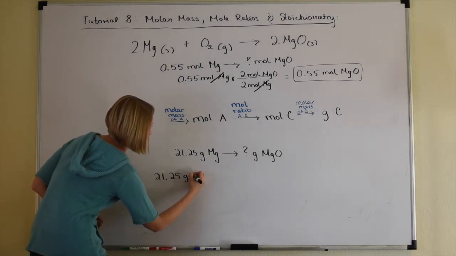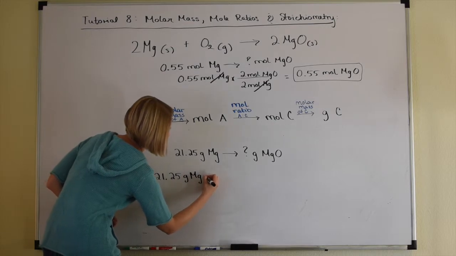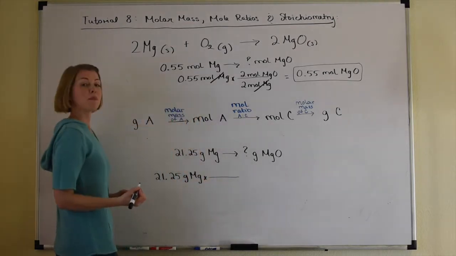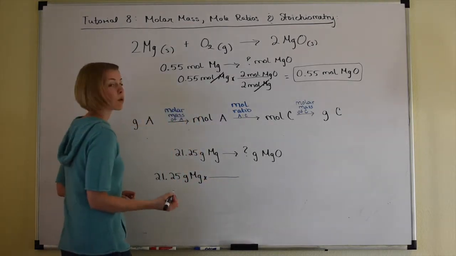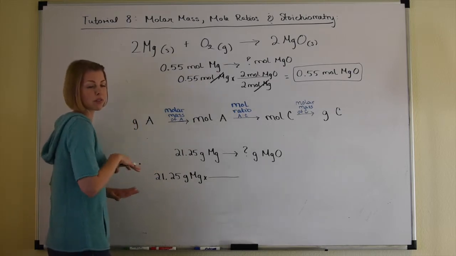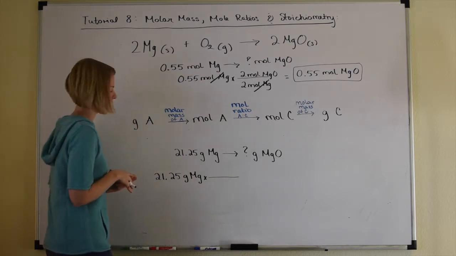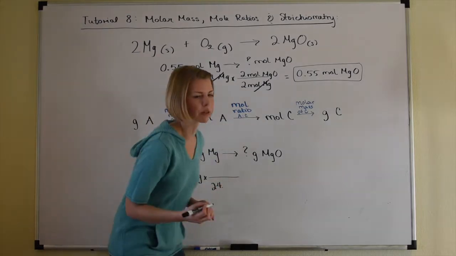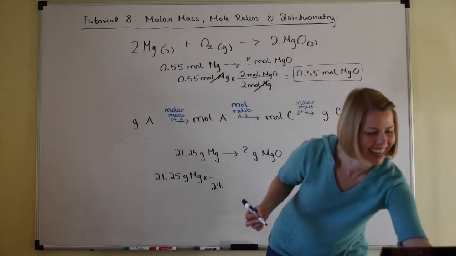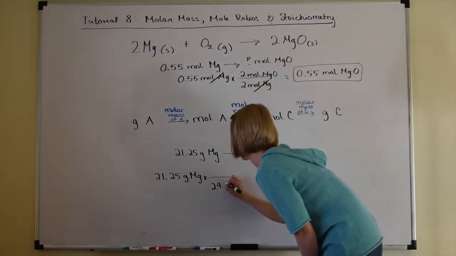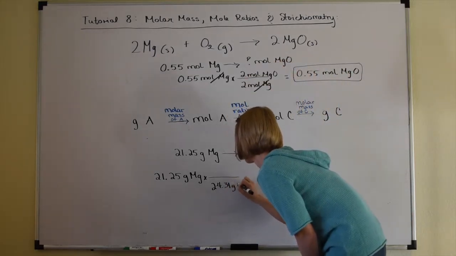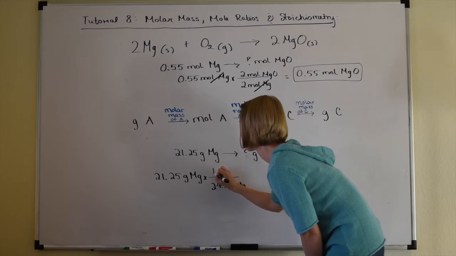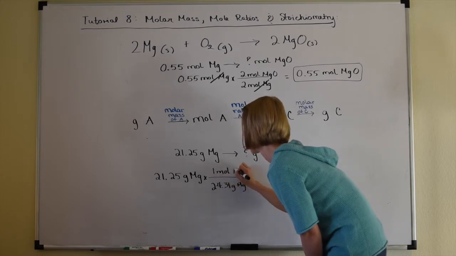21.25 grams of magnesium. The molar mass of magnesium we got in the previous problems. We got that from the periodic table. So it was 24 point, I think it was 31. I guess I better double check. Yeah, 24.31 grams of magnesium for every 1 mole of magnesium.